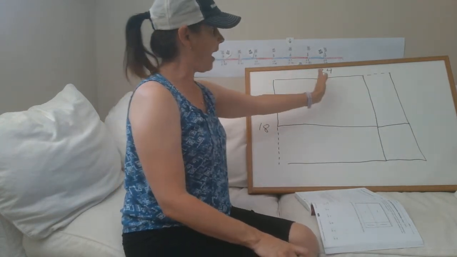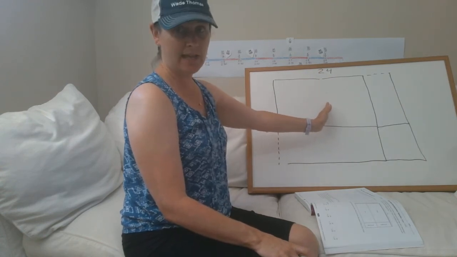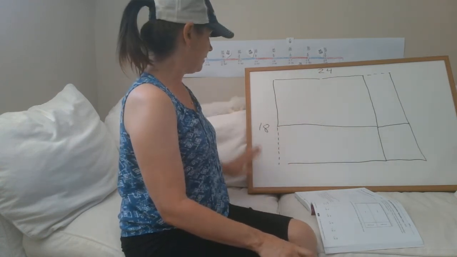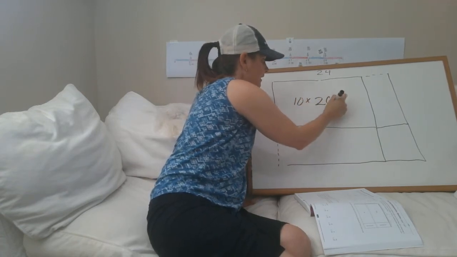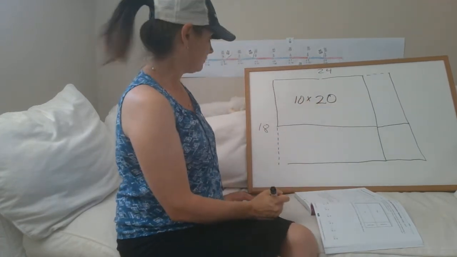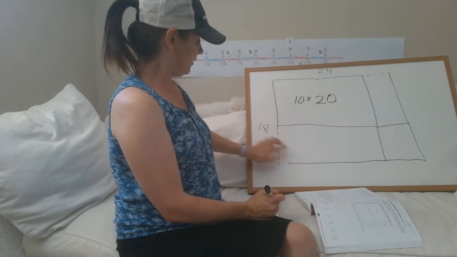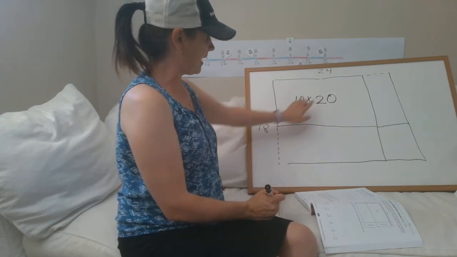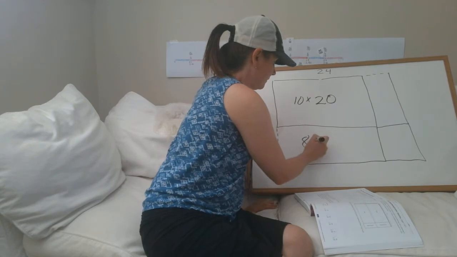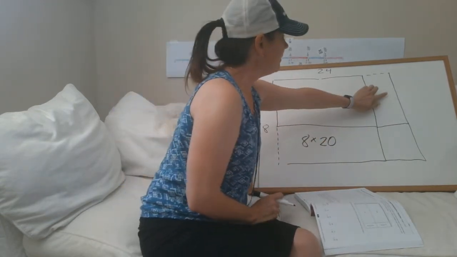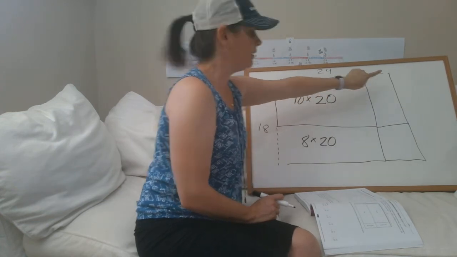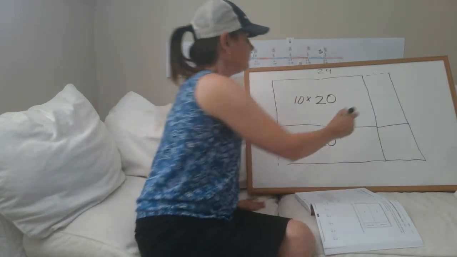So in here, I could break this apart into 2 10s, or I could keep it at 20. I'm going to say 10 times 20 for that one. Down here, we've got 8 times 20. This one over here, we've got 4 times 10.